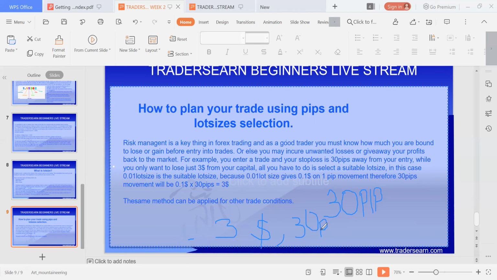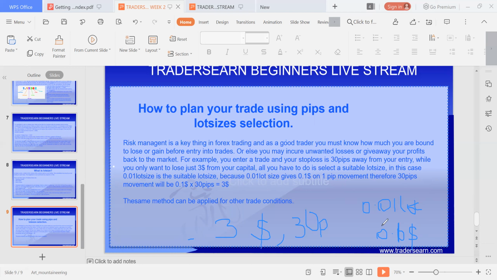Now, this knowledge of the calculation that we've just done can help you to select your lot size. Since you know that 0.01 lots will give you $0.1 per pip, you already know this.